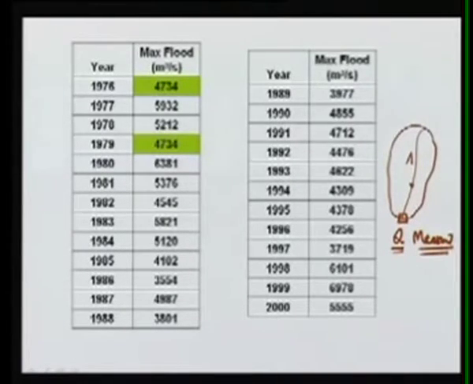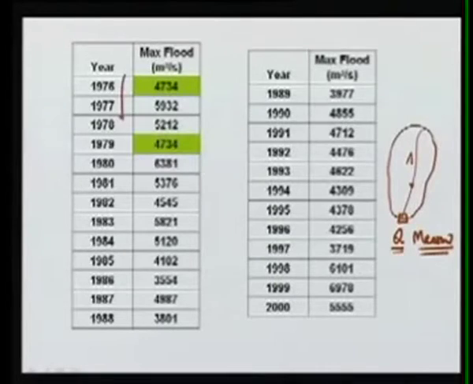Now from this measurement we can get for each year the maximum flood, and this table shows the year versus maximum flood, and using this data we can do a frequency analysis. Note that these two values are same. So when two values are same, when we rank them we will have to be careful.